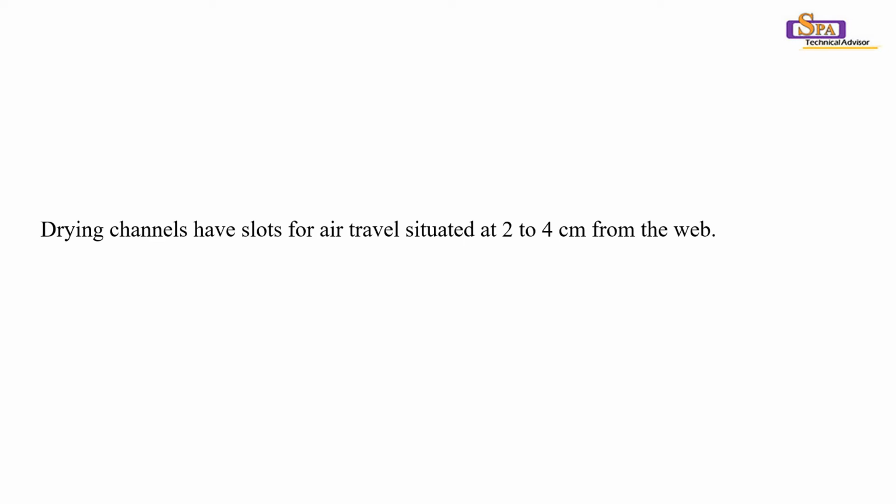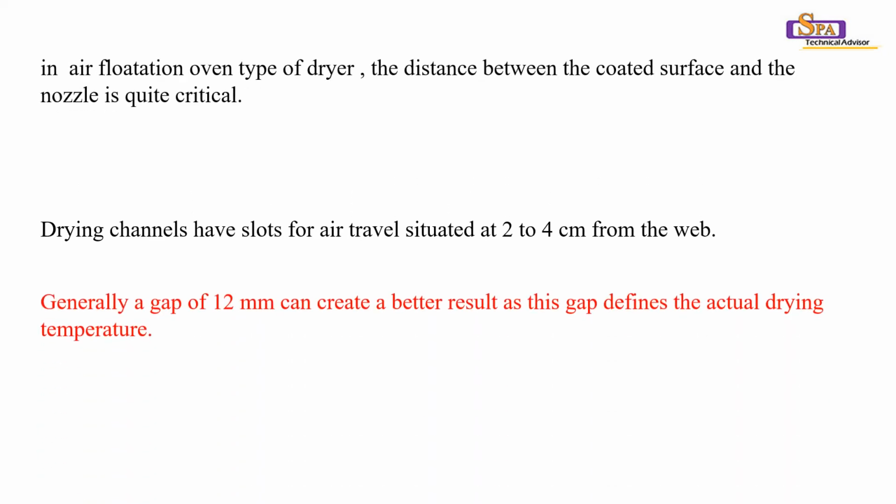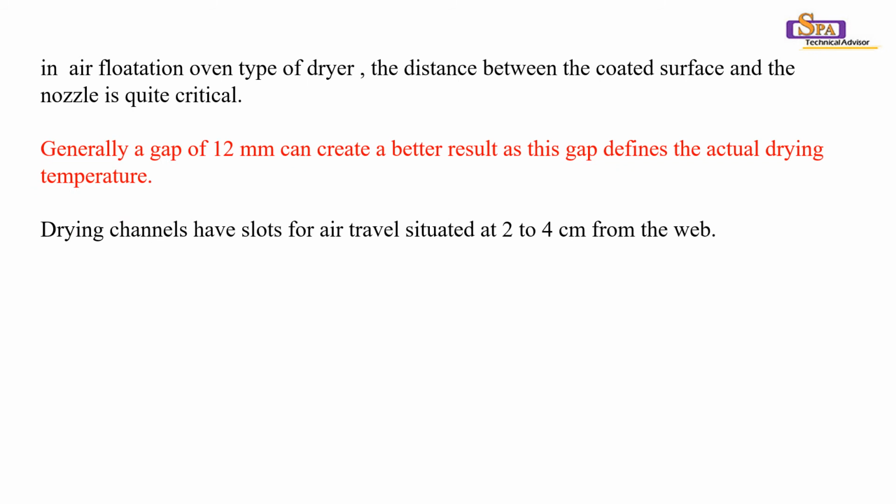Drying channels have slots for air travel situated at 2 to 4 centimeters from the web. Generally, a gap of 12 mm can create a better result as the gap defines the actual drying temperature.